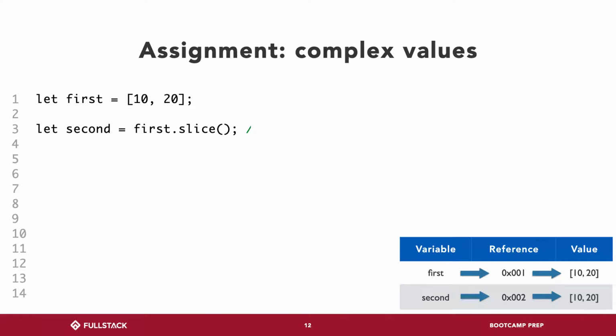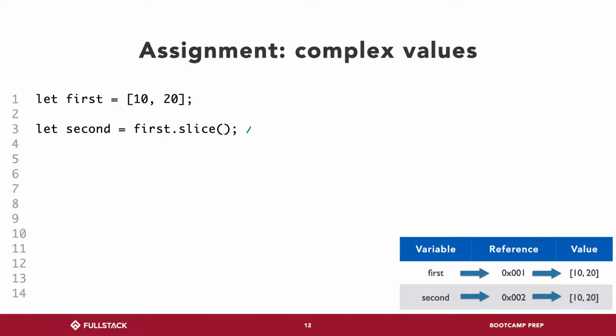So now this is where slice comes in, which is pretty interesting. If you guys remember, slice returns a copy. It doesn't mutate, right? If you don't pass anything into slice, it just makes a copy of the array. So if you want to set second to what first is, but you don't want it to reference the same thing, you just want every single value inside that array to be inside the second array, you can just say first.slice().